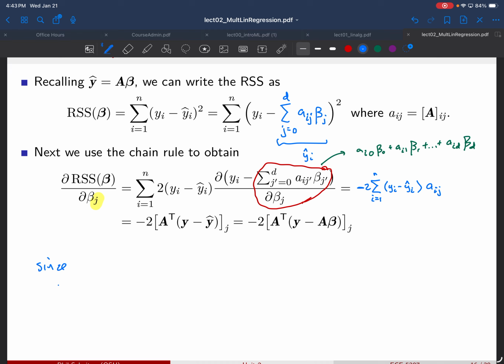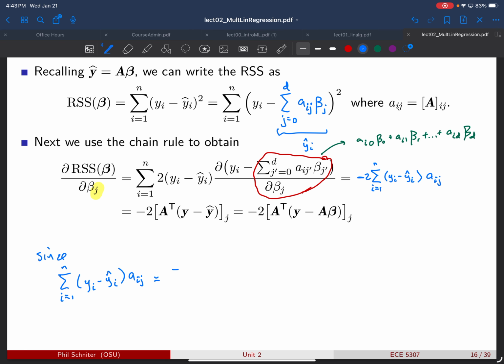Let's just write the expression we have on the right, except I'll leave out the -2 for now, to simplify things. So this sum of (y_i minus y_i hat) a_ij, we can begin to think about this. Here we want to express this as a matrix vector multiply. We have a vector here, and we have a matrix here, and we're summing over the i index.